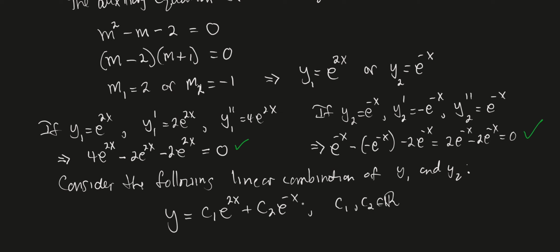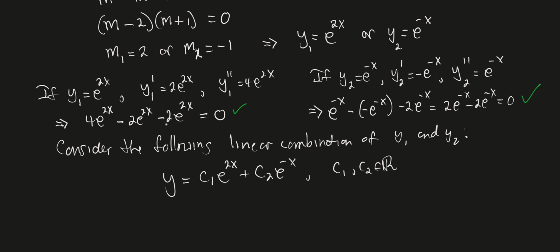Now I'm going to do something even stranger. I'm going to ask myself, could this linear combination of these two special functions also satisfy the differential equation? Would the fact of multiplying each function by constants change the fact that they once satisfied the differential equation? So let's see.